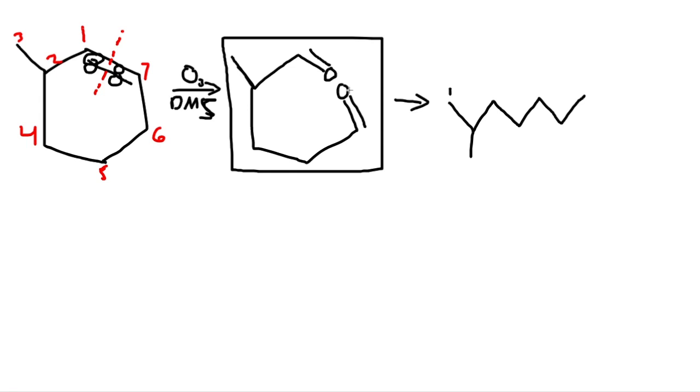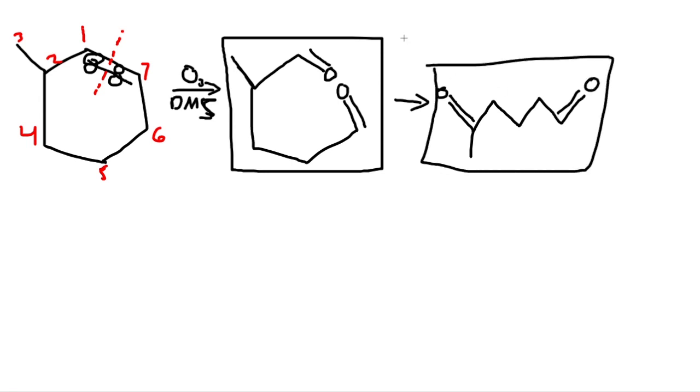We have 1, 2, 3, 4, 5, 6, 7, 8, and I just numbered it from what we got from the structure. From here, all we do is add the double bond to the oxygen, like that. Also we have the double bond over here. Add the double bond here with oxygen and the double bond here without oxygen. So something like this. Both ways are acceptable.